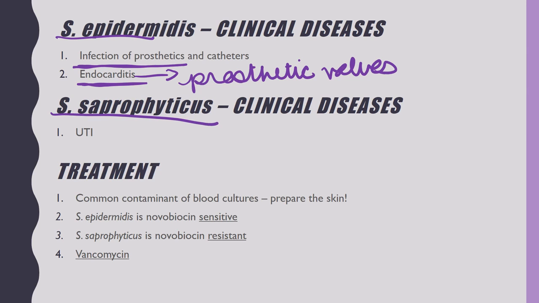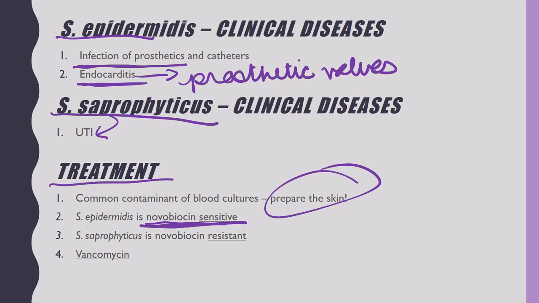S. saprophyticus is actually a common cause for urinary tract infections. That's where we worry about it or see it the most. Treatment. So how are you going to treat it? Well, it's a common contaminant. So first off, prepare the skin to be sure that you're actually looking at an S. epidermidis infection. It is novobiocin sensitive, so that's one way you can tell these two apart.